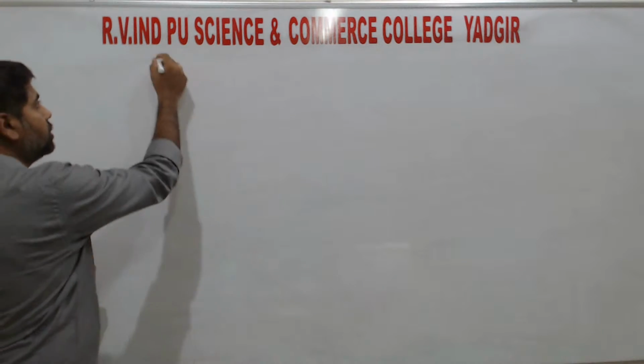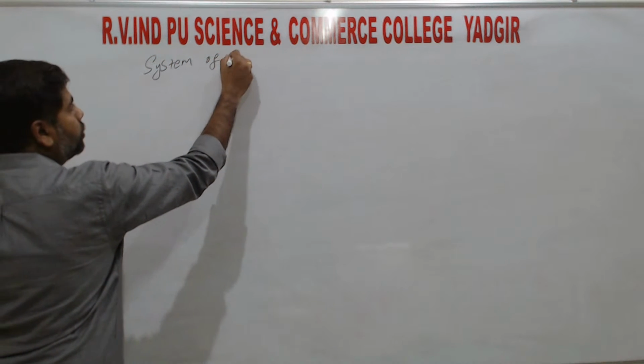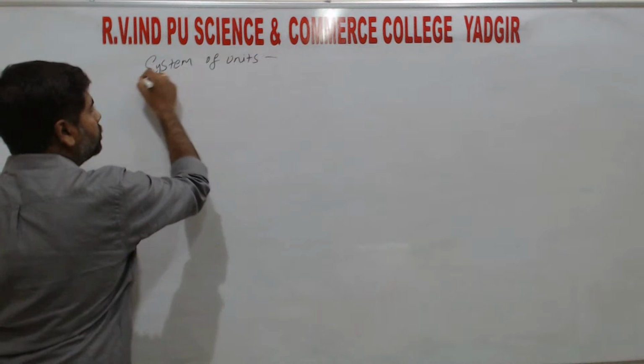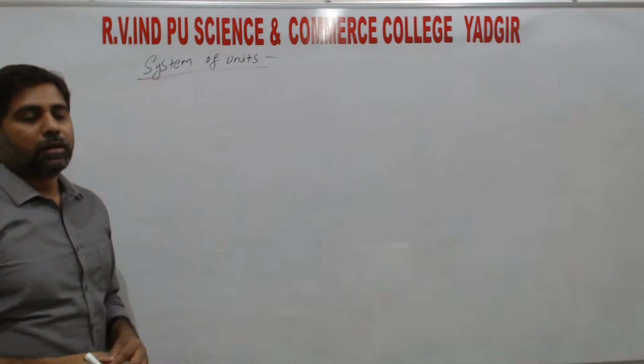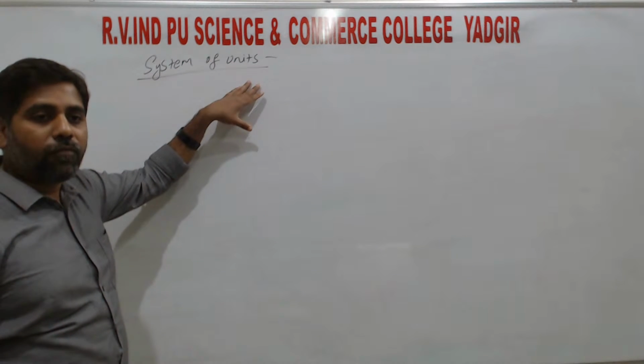So next is system of units. System of units means grouping of the units together. We call that one a system of units.